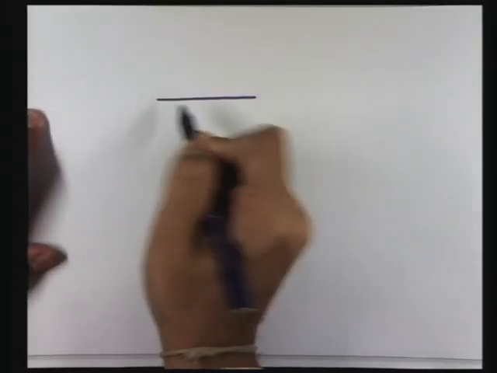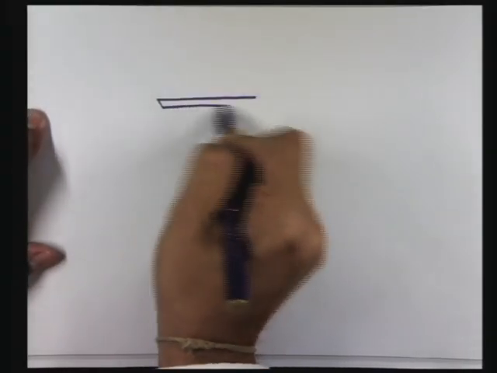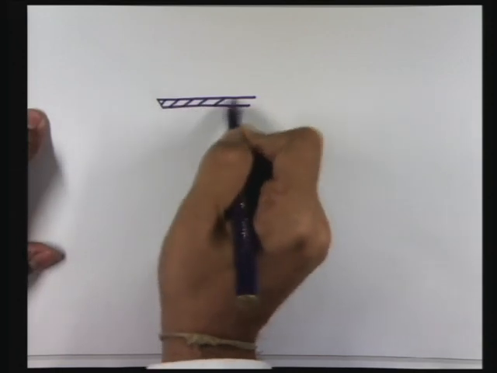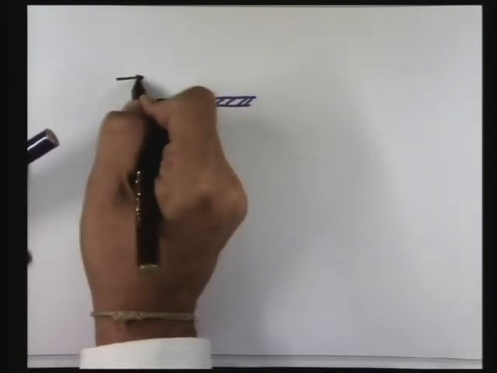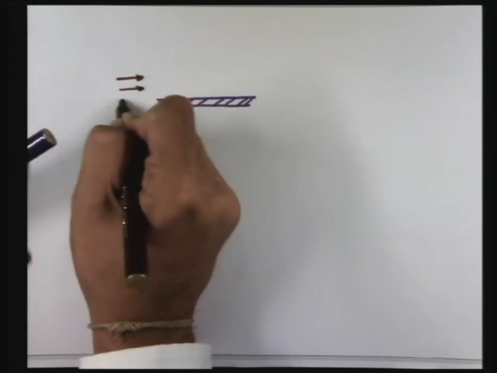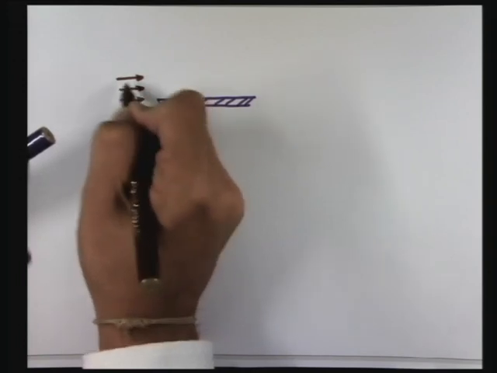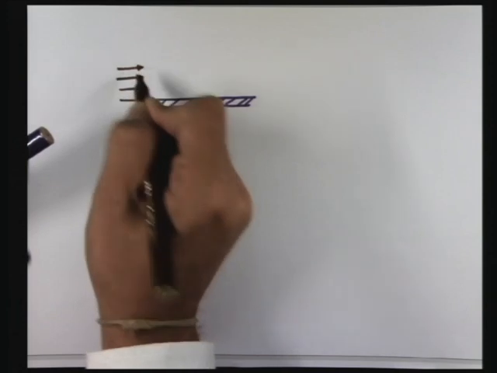Let us say that you have a solid boundary like this, and fluid is coming from far stream with uniform velocity u infinity.